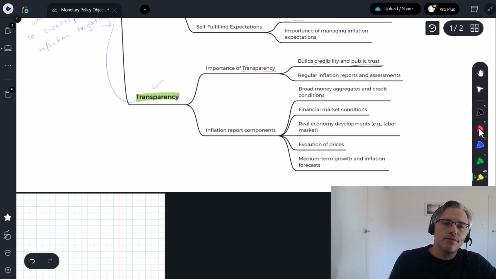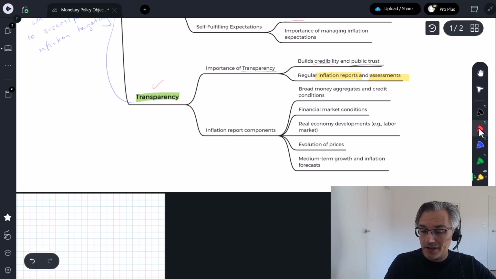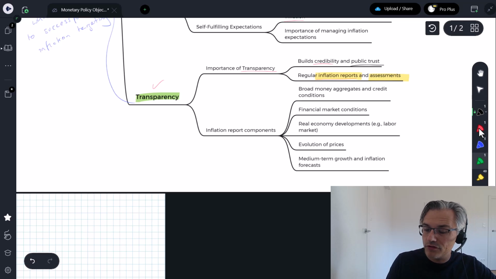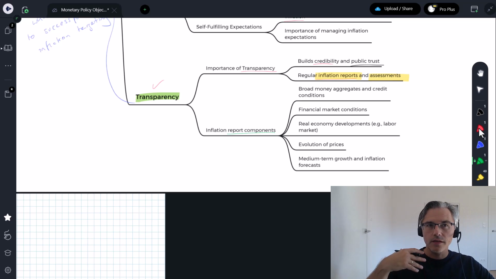And the best way to achieve transparency is basically to communicate with the market via something that's going to be systematic, scheduled, and many central banks produce regular so-called inflation reports, okay, and various types of assessments of how well they are doing in terms of fighting inflation or keeping inflation close to the target. This kind of inflation report is often produced quarterly. Obviously, it varies from country to country, and such an inflation report would typically have very specific components.